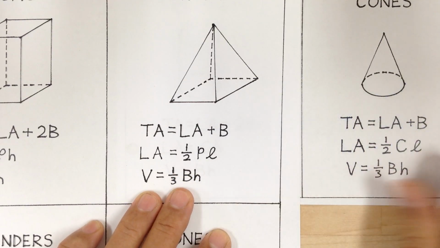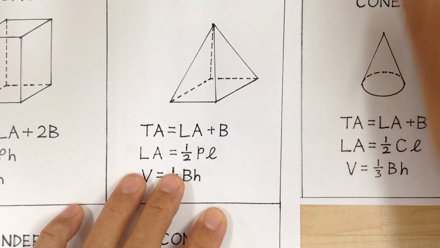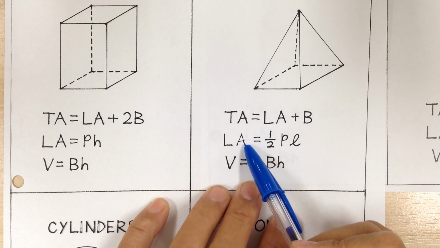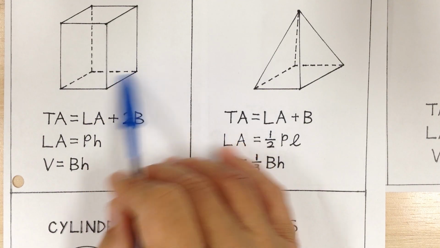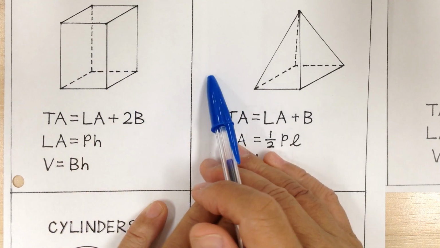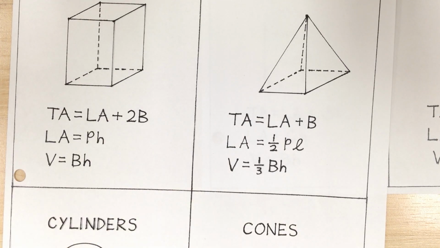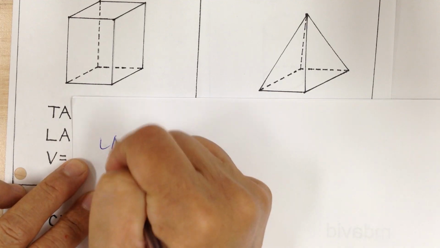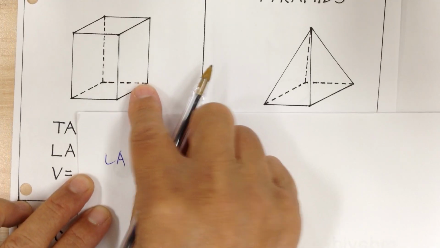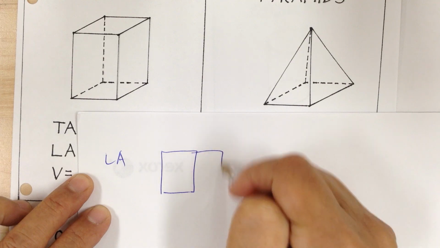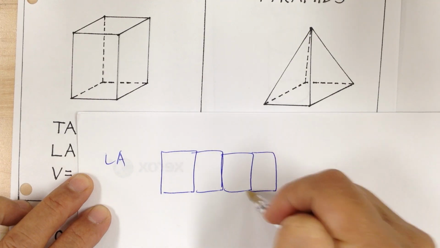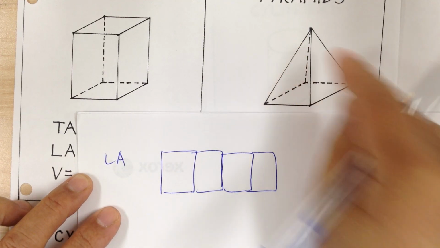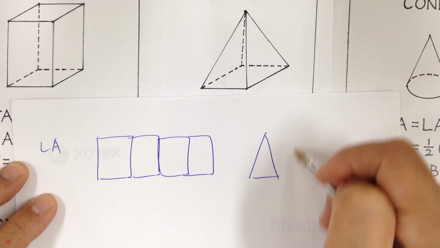Next, notice the lateral area. If you open up the prism, the lateral area is going to be a rectangle. I'm talking just about LA. If you open the prism, you get something that looks like this, whereas if you open up the pyramid, you end up with something like this.